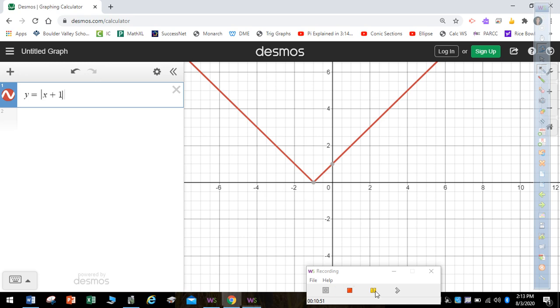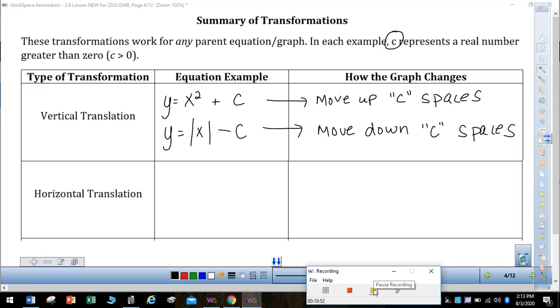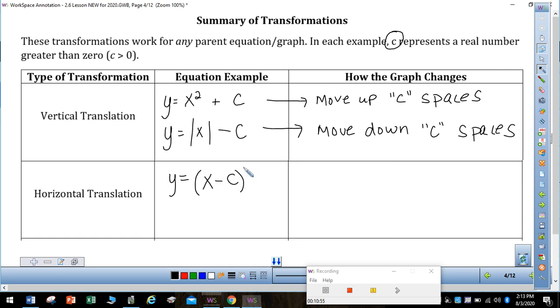So let's go back to our chart. If it's a parabola, we have to have parentheses. The first one that we looked at was subtracting a number on the inside. That's going to move our graph to the right, C number of spaces.